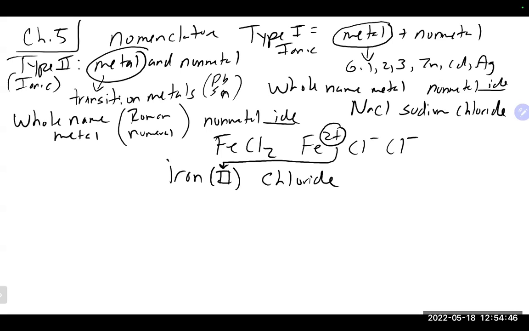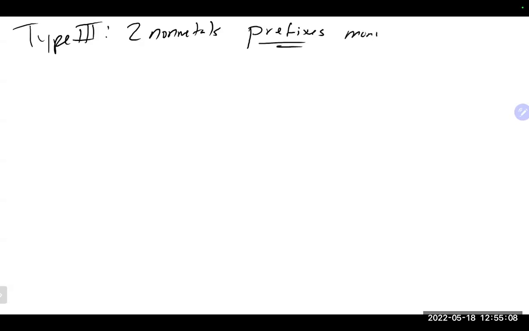We then got into type 3. Type 3 is two nonmetals together, which is covalently bound. And this is really the one where we use prefixes. That's like mono for 1, di for 2, tri for 3, tetra for 4, penta for 5, and so forth.